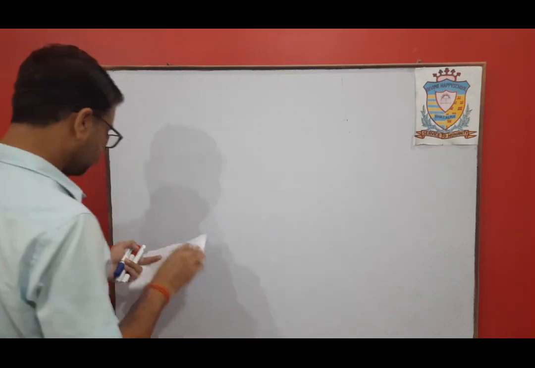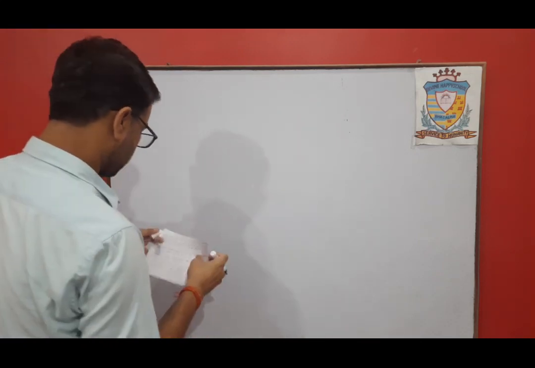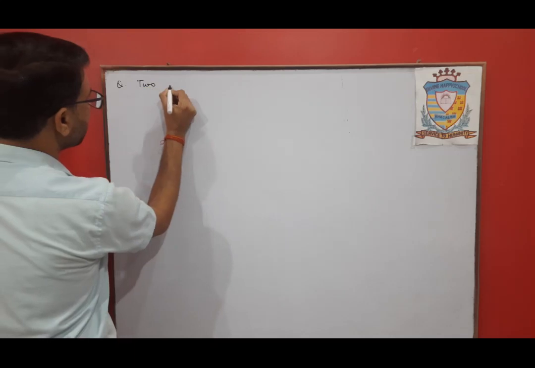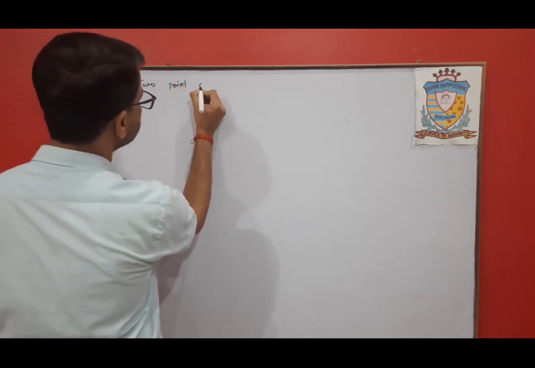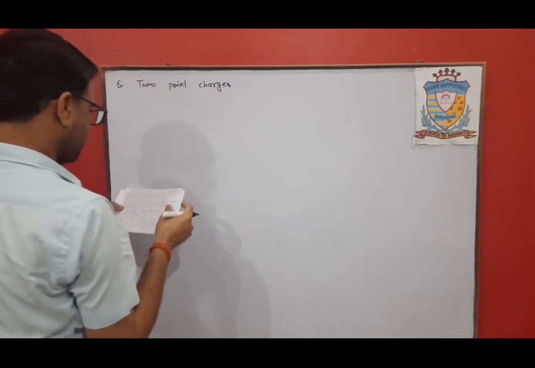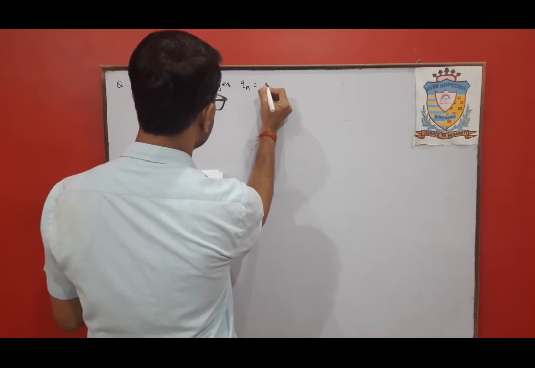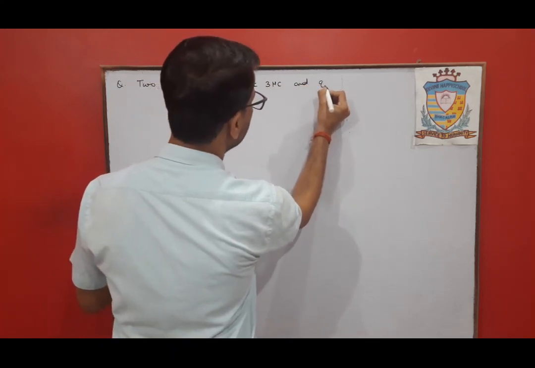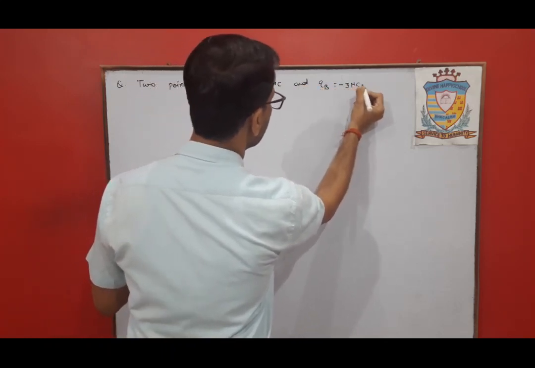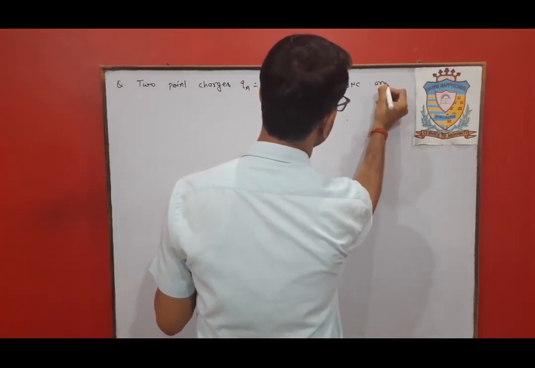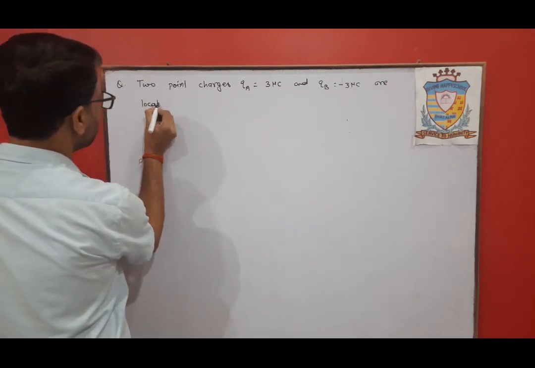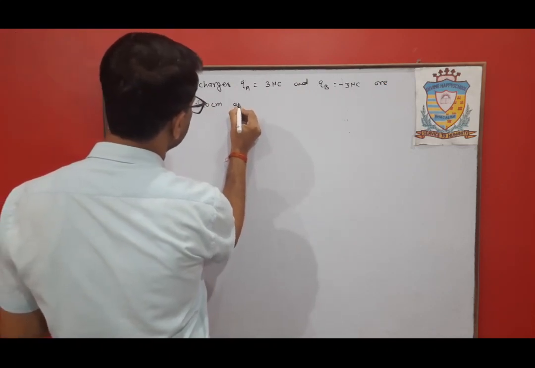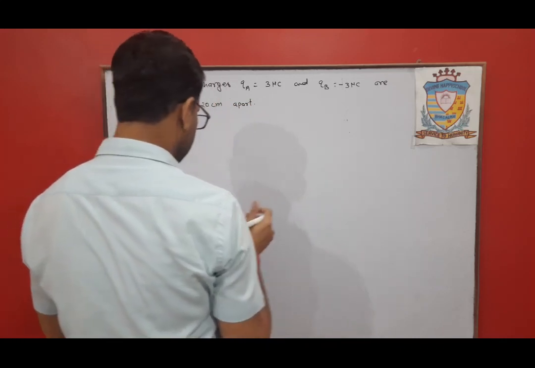Next, the second numerical. Two point charges, QA is equal to 3 microcoulomb and QB is equal to minus 3 microcoulomb, are located 20 centimeters apart.